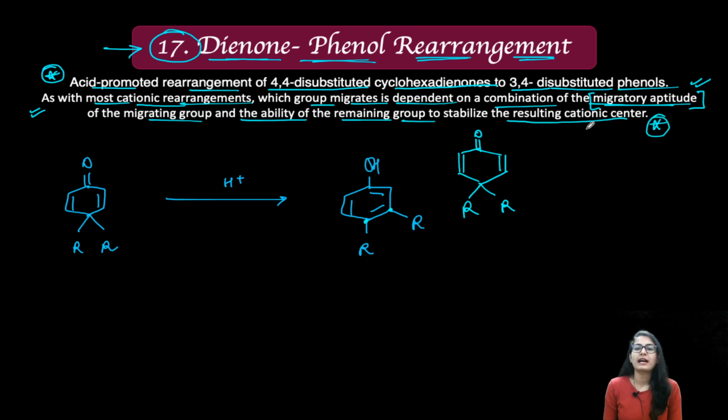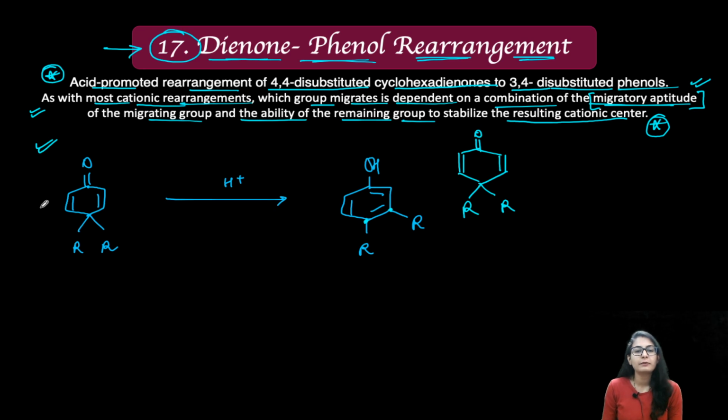I am going to explain this in a while. That migratory aptitude, you understand, the most electron rich is going to migrate, but what is the second thing? The ability of the remaining group to stabilize the resulting cationic center, that is also important.